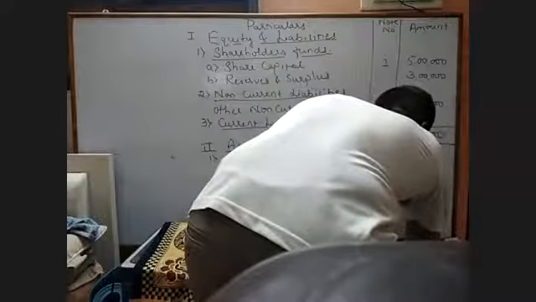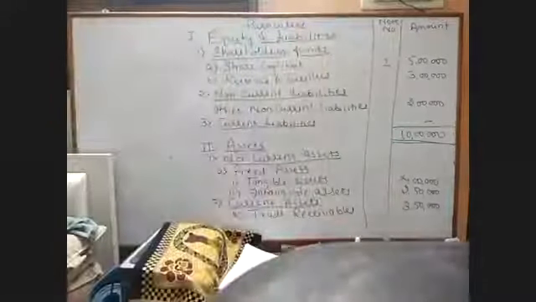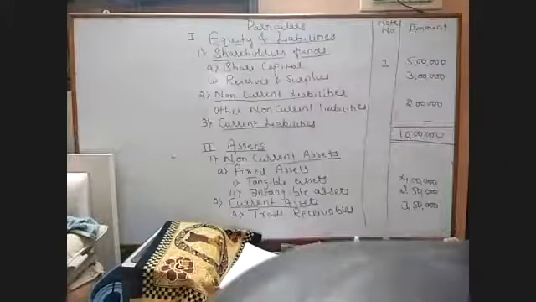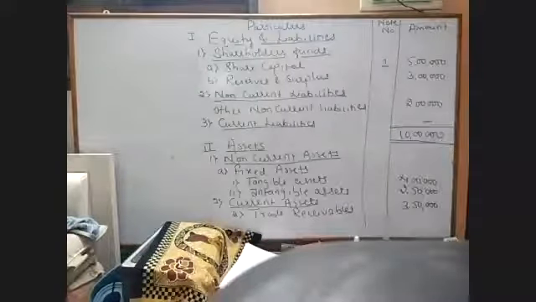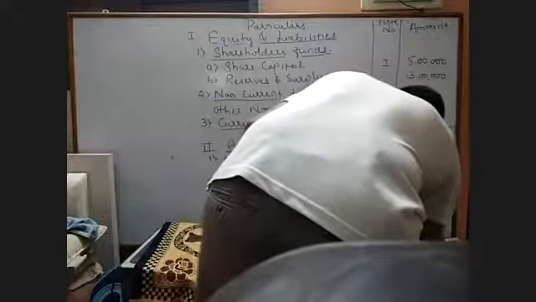And this trade receivables is 3,50,000. You can see it is at the bottom. At the bottom, you can find trade receivables as 3,50,000. And the total will be 10 lakhs, again 10 lakhs.